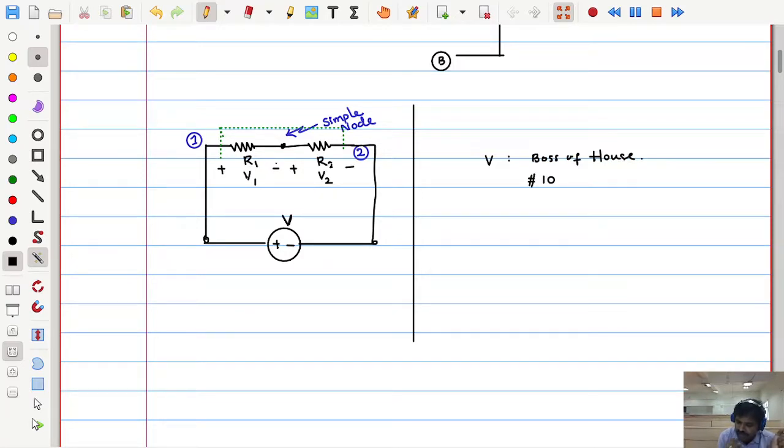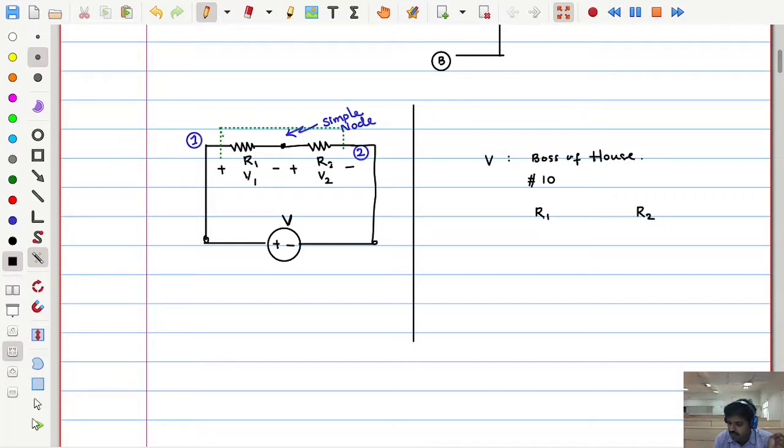On what basis will he share? Based on your strength or your age factor or some parameter. Let us say the person who is elder will get more and the younger one will get less. That elder and younger we can compare in terms of strength. That is what R1 and R2 are.